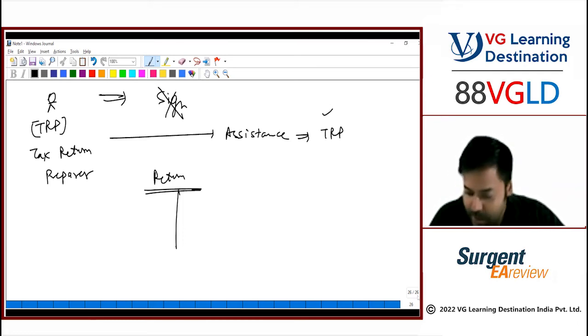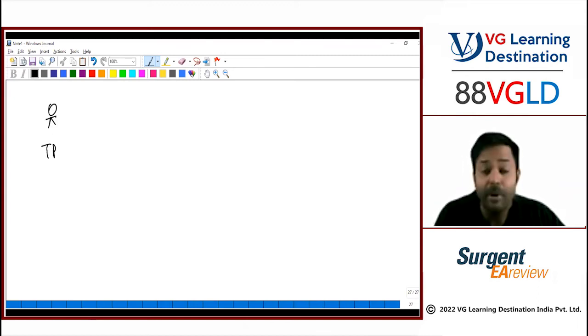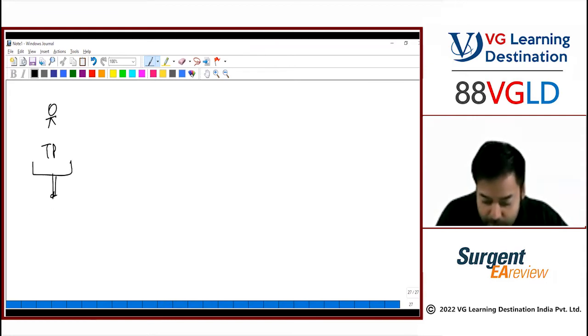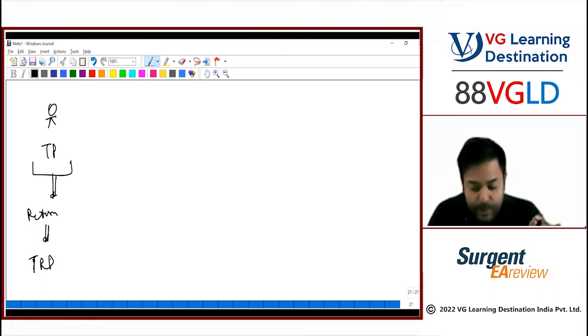Let me explain in very simple terms. We are talking about this taxpayer, the assessee. We are preparing the return for this TP. Who is going to prepare the return? The TRP. There could be one person or multiple people who could be TRP.